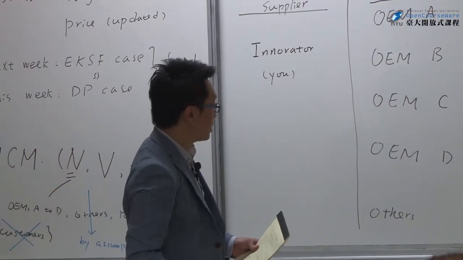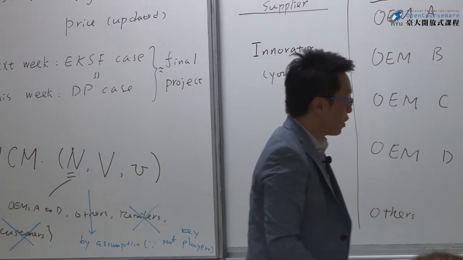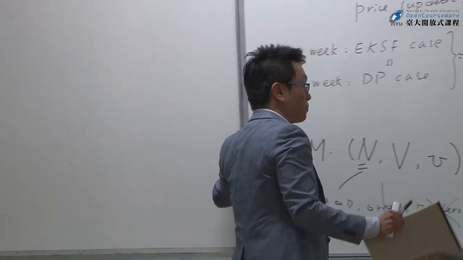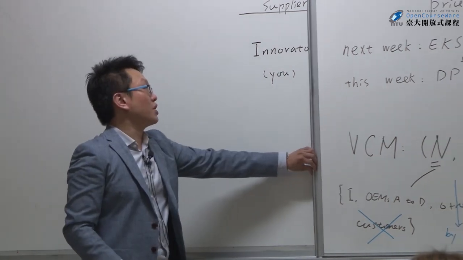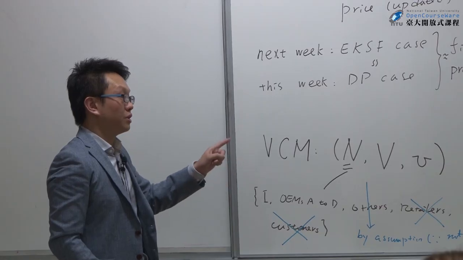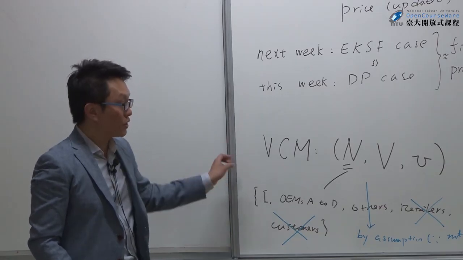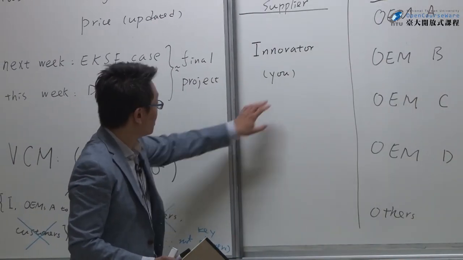Okay, now that's the basic story. I will start to give you more graphic analysis using the figures from the slides. Roughly speaking, we have two generation products. The first generation is the product without your IoT innovation. The second generation product is the product using your innovation.